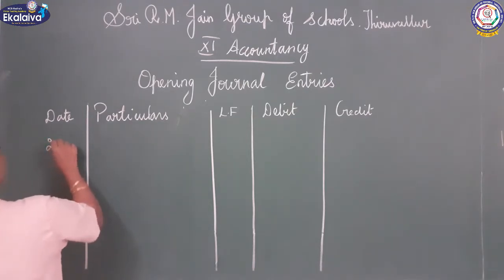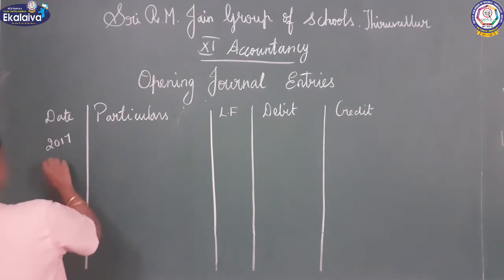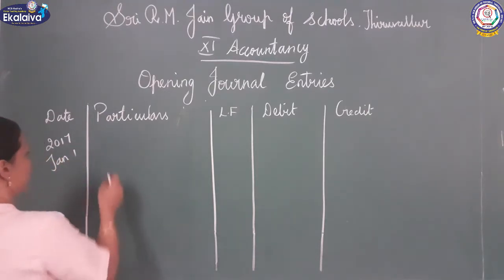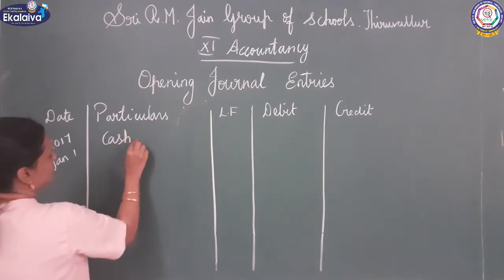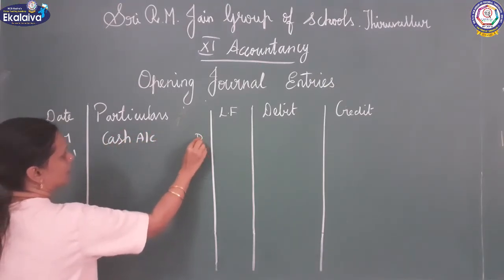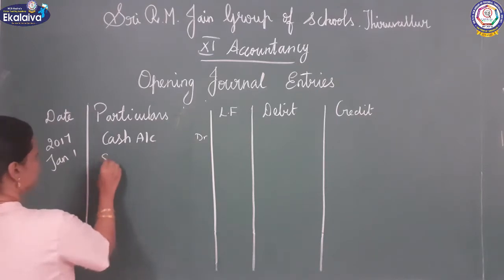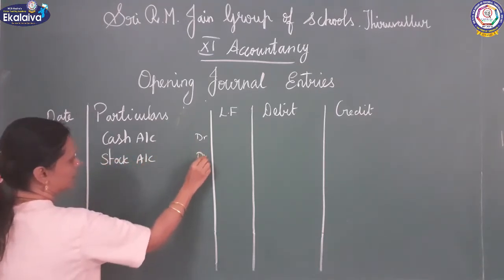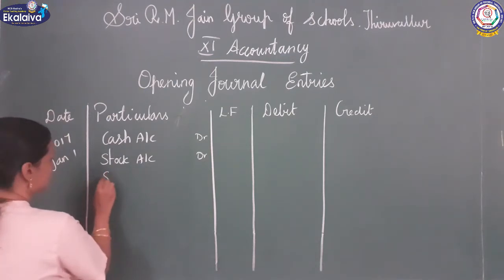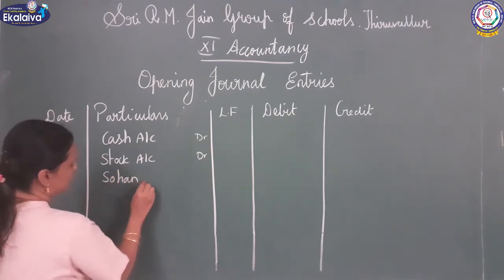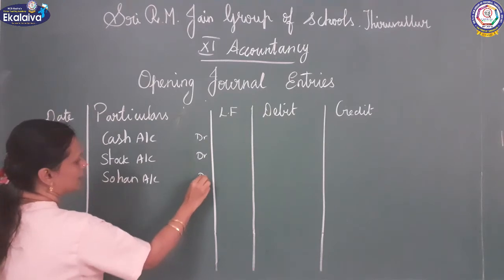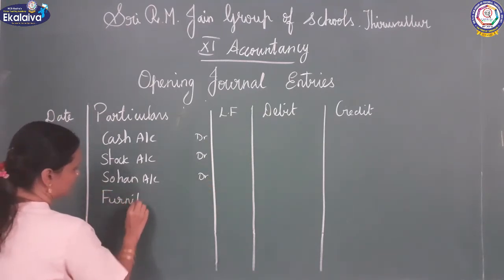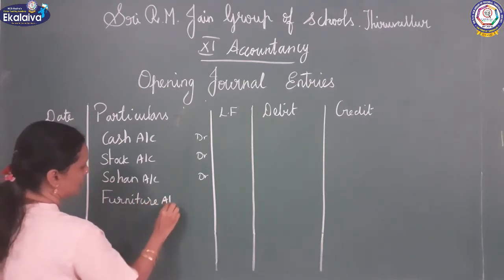2017 January 1st, this is the opening journal. Okay. So cash account debtor, and then stock account debtor, and then Sohan account debtor, and then furniture account debtor.